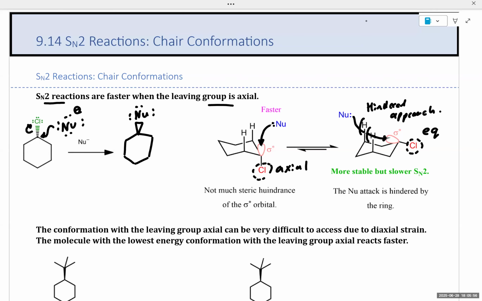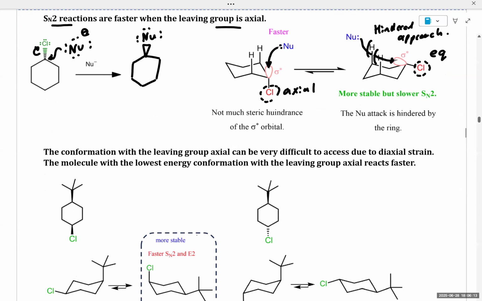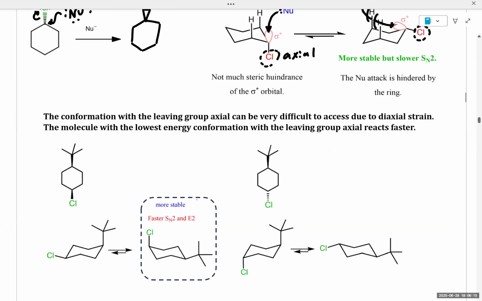Now, if you just have one substituent, then this subtlety can have an effect. We do have to note that the conformation with the leaving group axial is going to have a faster rate of SN2 reaction. When you start to add multiple substituents, we can start to see that this requirement and this preference that your leaving group is axial starts to have a huge impact on the rate of SN2 reaction.